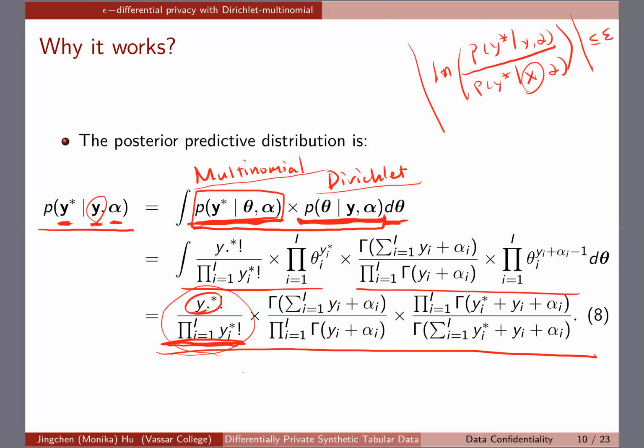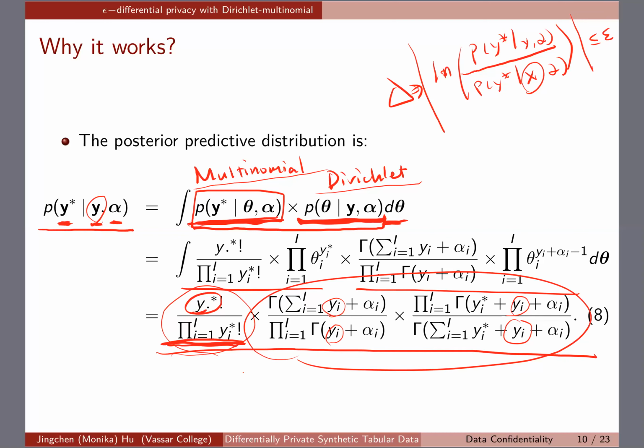But certain things cannot be canceled, right? Whenever you have those yi. So as you can see, these two terms will stay when we take the ratio, but we try to simplify it as much as we can in order to finally prove what condition alpha needs to satisfy in order to satisfy what we call the differential privacy definition, okay?